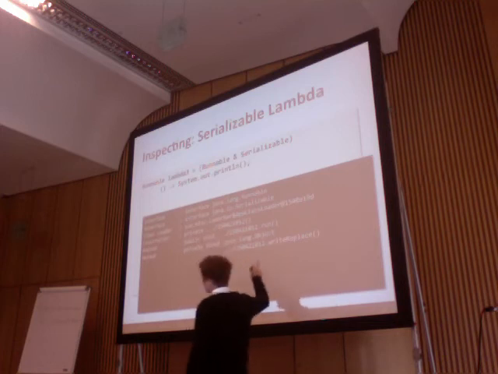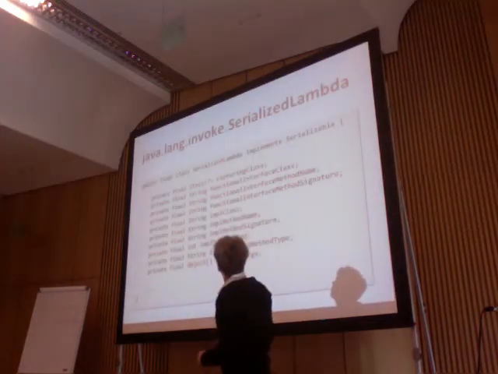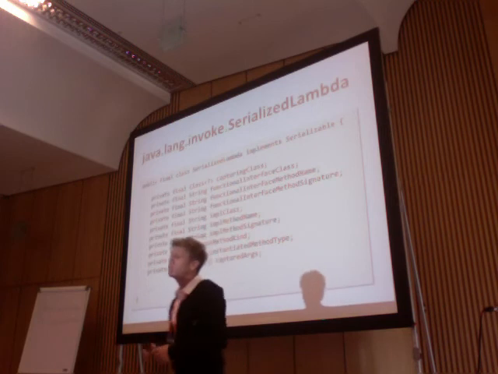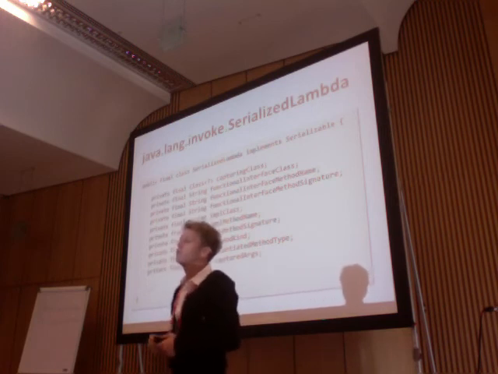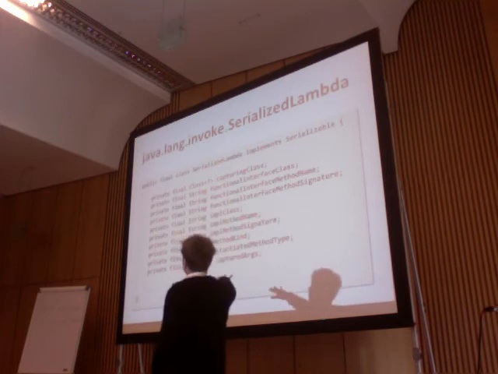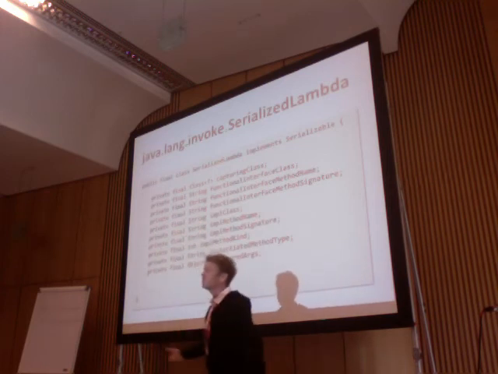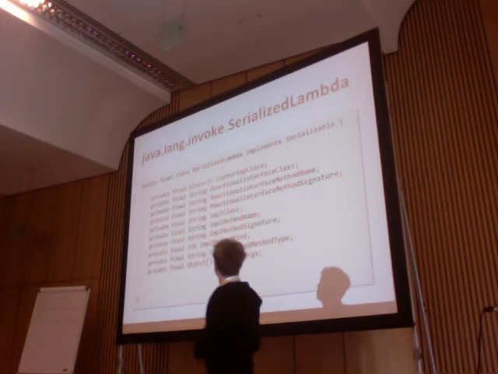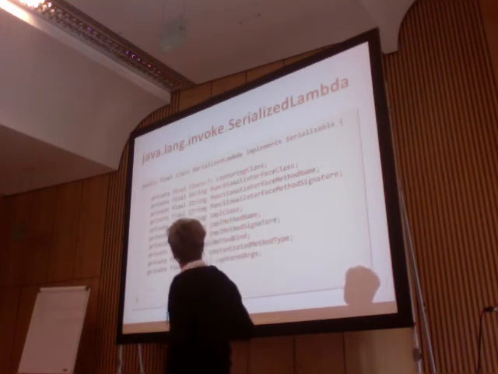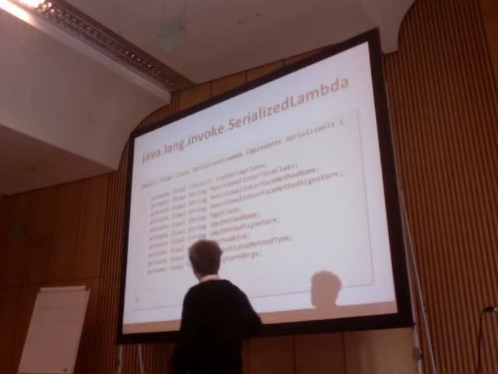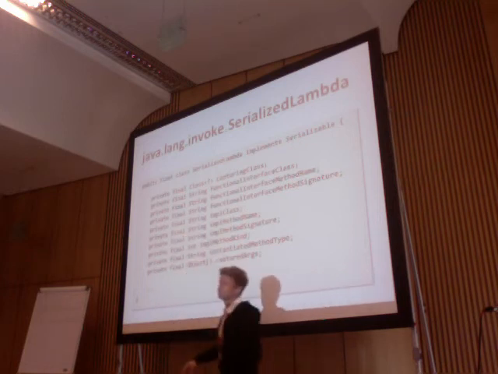That's why there's another API object which is called SerializedLambda. You find that in the invoke package. And this is basically a description of how to create a lambda. It describes the interfaces, the method name, the signature, and it even has an array for the captured arguments.